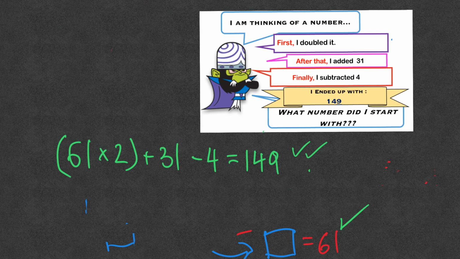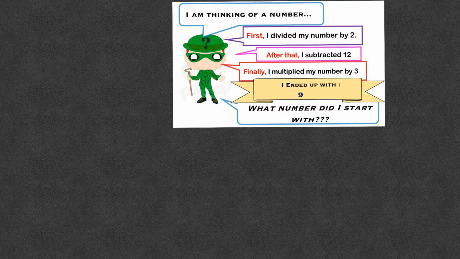And finally, what we're going to move on to now, let's have a look at the problem that we had a look at in yesterday's quiz. Here we have Riddler, who's thinking of a number. So we've started at a number, and first we divided the number by 2.